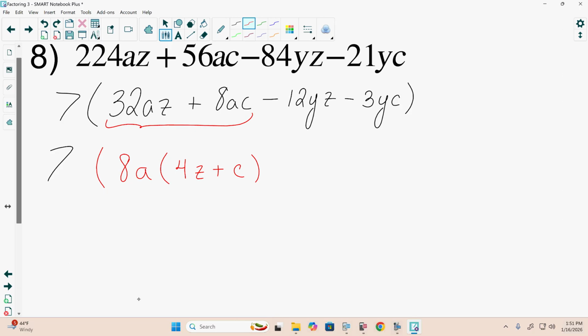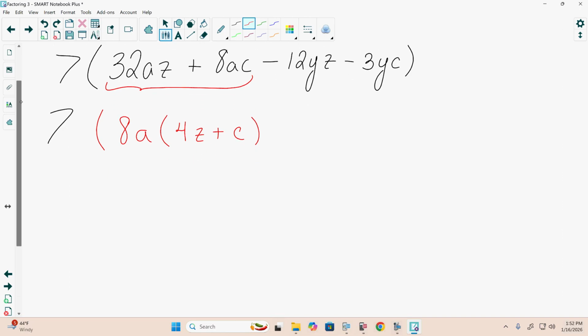Does that kind of make sense? Well, what is 8 times 7? 56. So we still did it. It's just lower, it's easier to work with. But that also means if we didn't factor it out at the start, we would have had to factor it out at the end. It's going to have to come out at some point. It's just where and when. If we do it first, it makes everything else nicer.